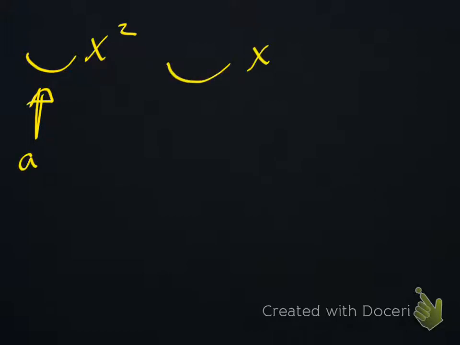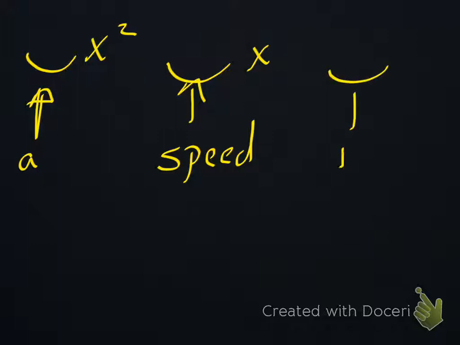In front of your linear term, this was your speed. And the constant term was your start height. If the acceleration is negative, that means it's falling. If the acceleration is positive, that means it's going up.